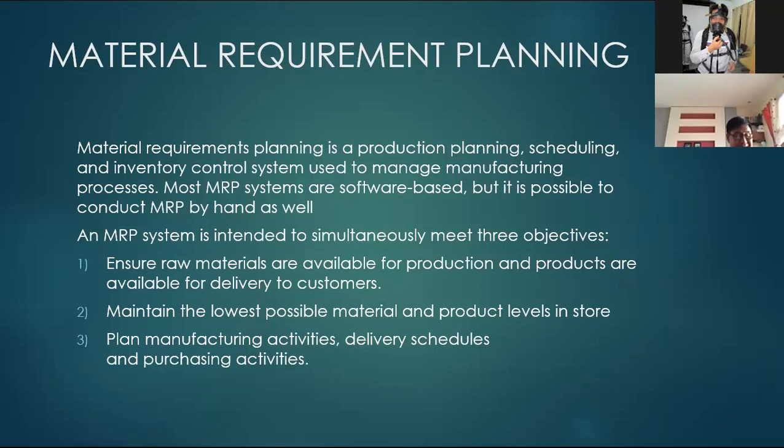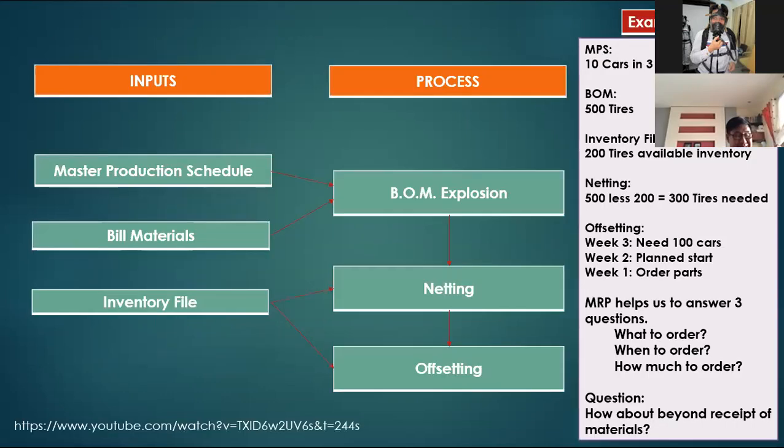So let us see how MRP works and how it is done. Here, we have the inputs of MRP, the process, and examples. Let's get into the input and the process first. In this slide, on the left side, we have the input, in the middle we have the process, and on the rightmost side is the example.